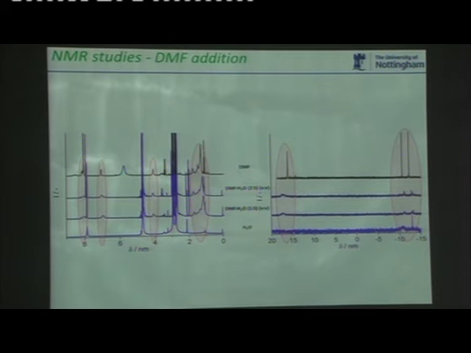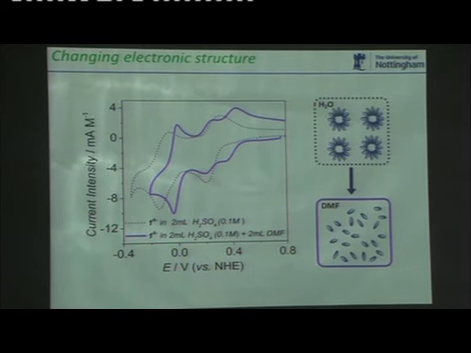So we've got this kind of reversible electrochemistry of the micelles, and we've got this clear solvent dependence on the NMR. What about if we combine it? So what we saw is that the dotted line here is the micellar assembly electrochemistry. And as we added in DMF, we start to return to this molecular electrochemistry.